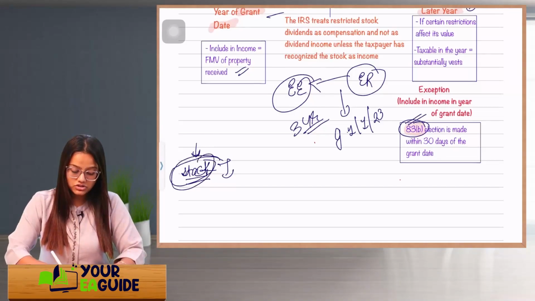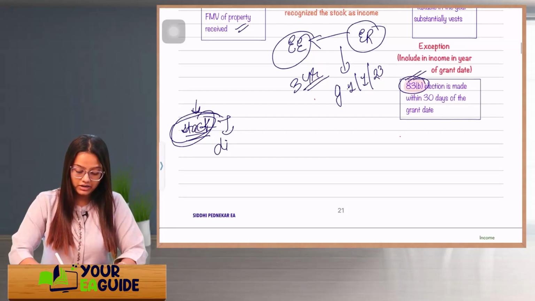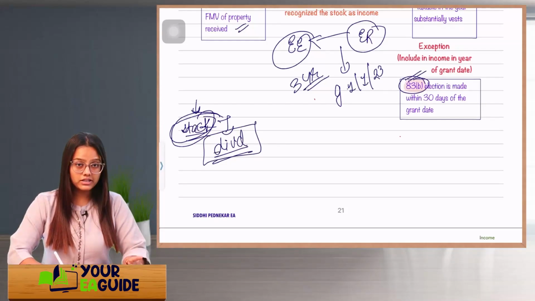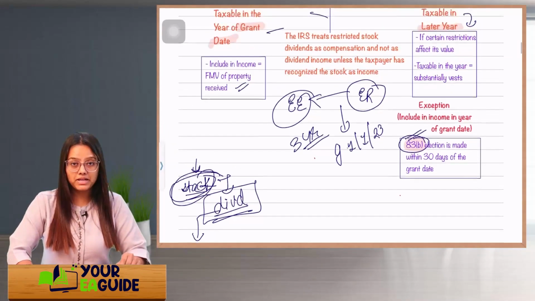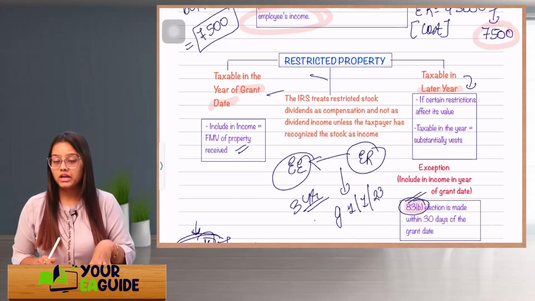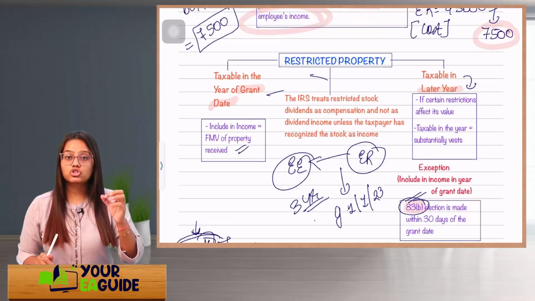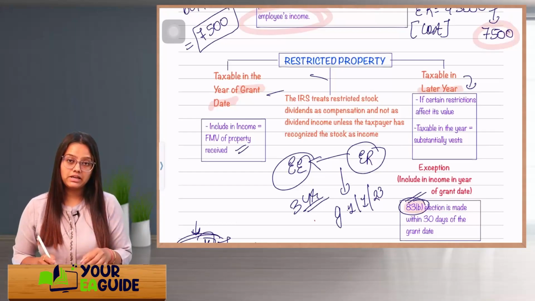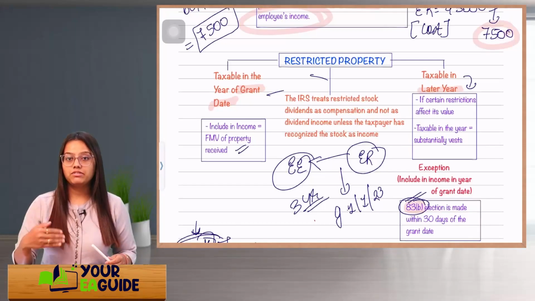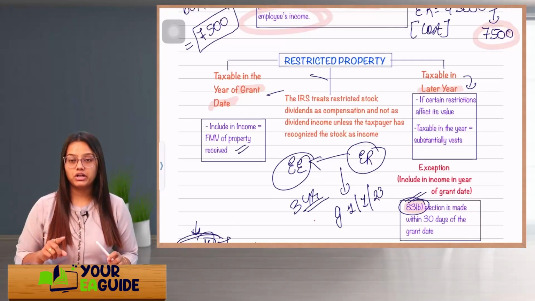Even if you receive a dividend, since you're not the main owner yet, it has not yet vested, this dividend will not be called a dividend; it is called a normal compensation, because you are receiving compensation on the restricted property which the employer has given to you. The stock you have received is not yet vested in your name, right? So whatever dividend you receive will be called a compensation, not a dividend, unless it is vested.